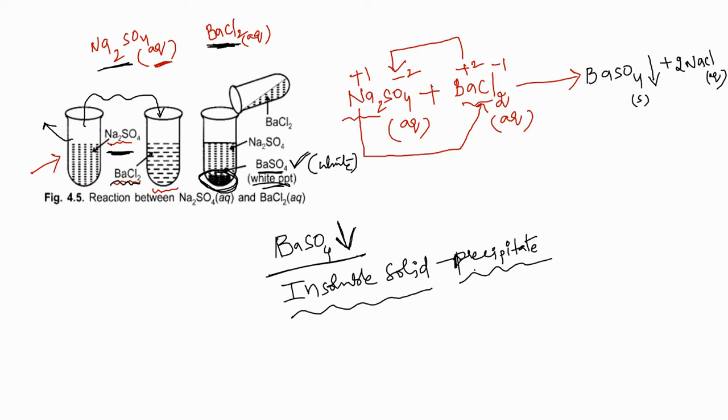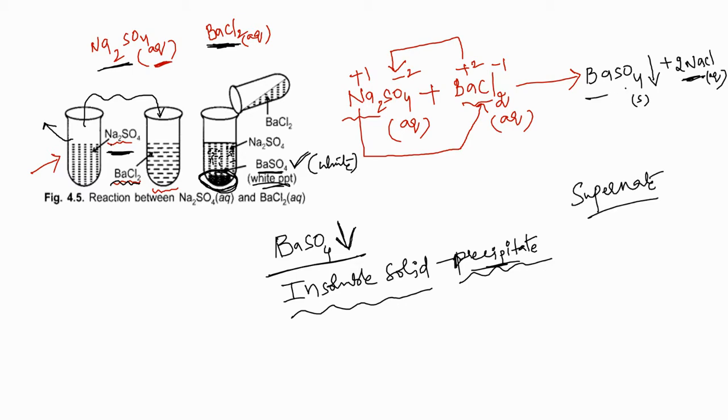The name is precipitate. Along with that insoluble solid in the test tube, you will get a watery-like substance. That watery-like substance is sodium chloride, and for it we have a special name: supernate.